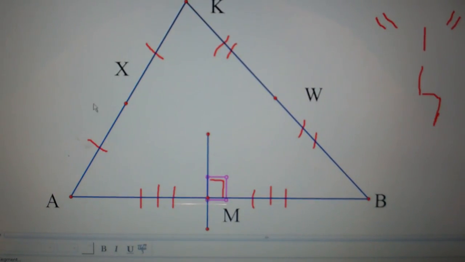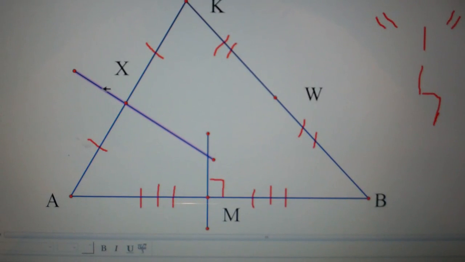Then if I were to draw a perpendicular bisector through this side, I would draw here. So here's a perpendicular bisector, and we need to indicate that it's perpendicular here. And let's draw the last one.